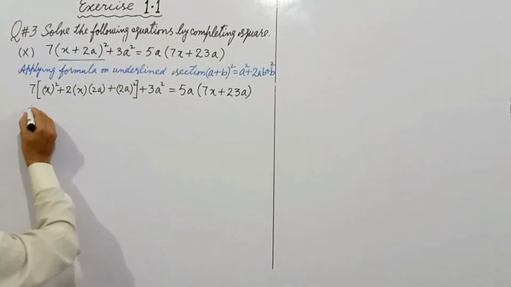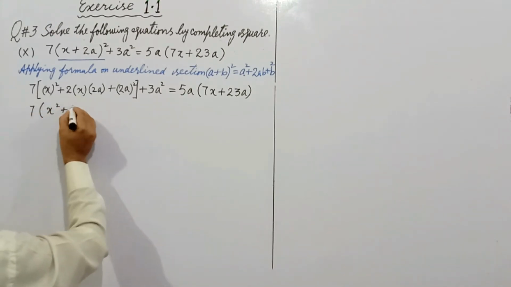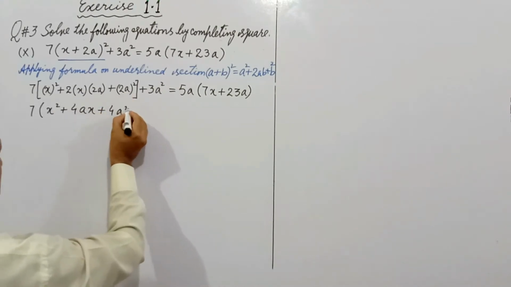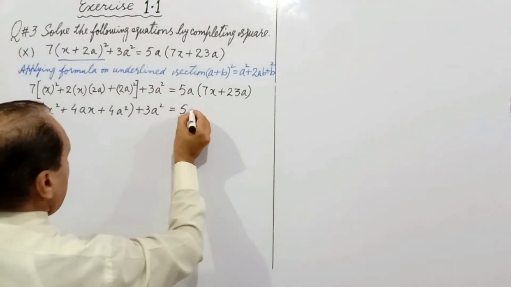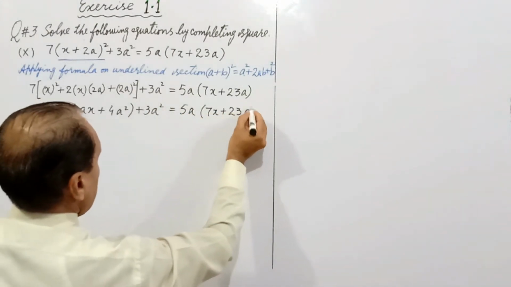In the next step, we simplify this as x square plus 2 2s are 4ax plus 2 square is 4a square plus 3a square is equal to 5a into 7x plus 23a.